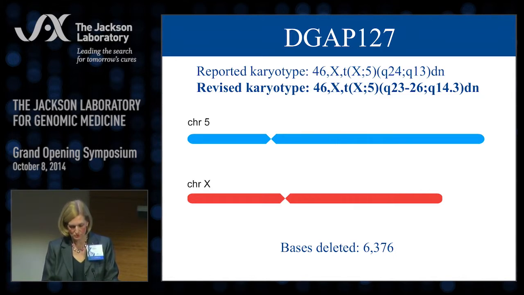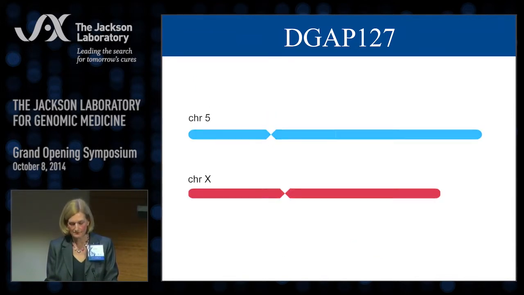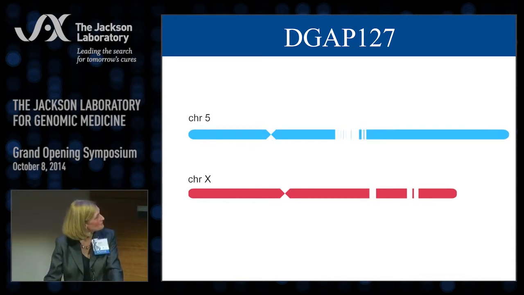And just to show you what we saw in terms of how the pieces were swapped and knitted back together, it's really a complex story. This is our dancing chromosome.